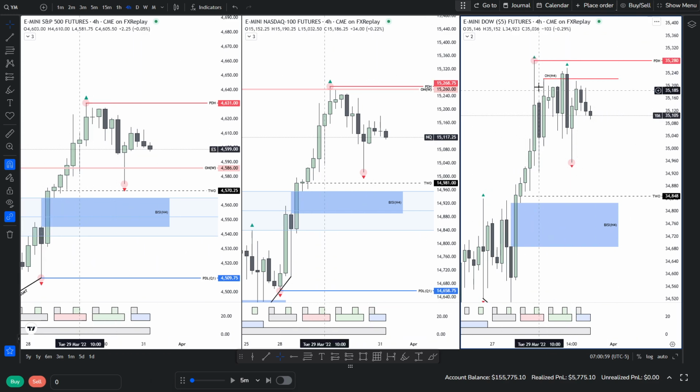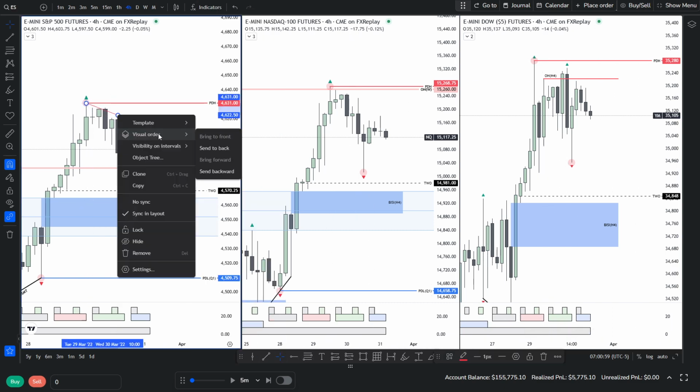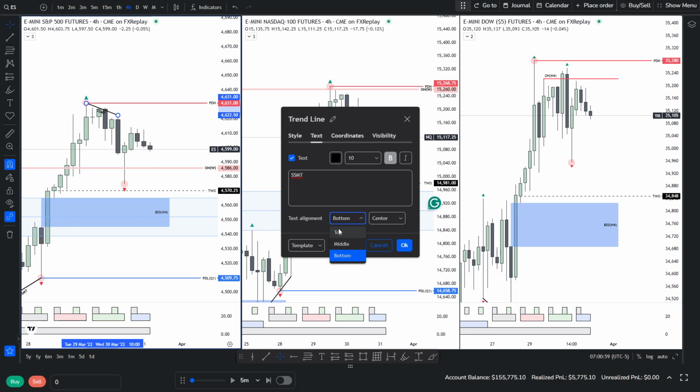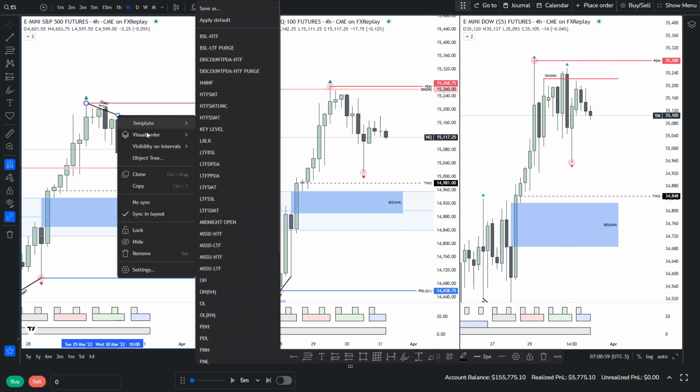Okay, so I just want the SMT visible on this time frame. And just for reference, with YM.